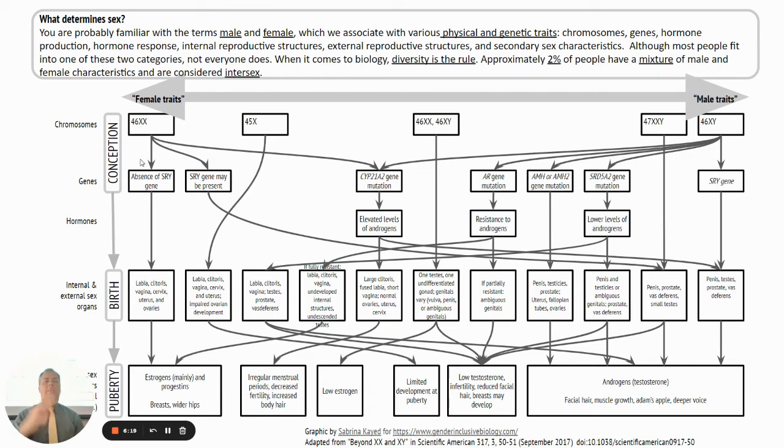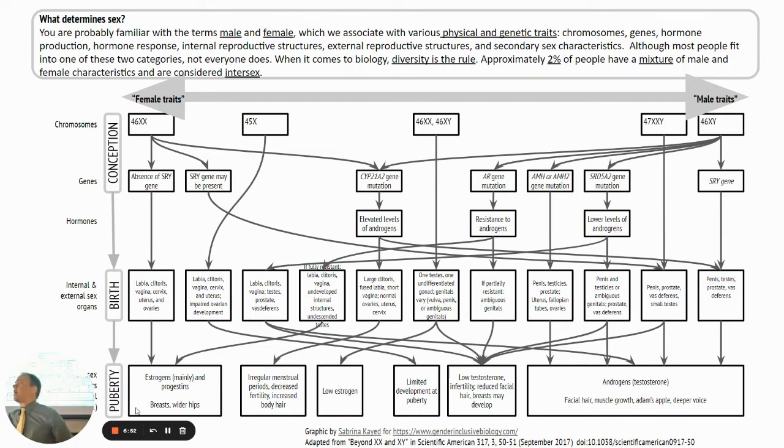When we think about what we might think of as typical male and female traits, we're following sort of this left hand or right hand flow chart where a person's born with 2 X chromosomes. They don't have this SRY gene, which leads to development of typical female anatomy, which leads to the production of estrogen and progesterone during puberty, which leads to development of female secondary sex characteristics.